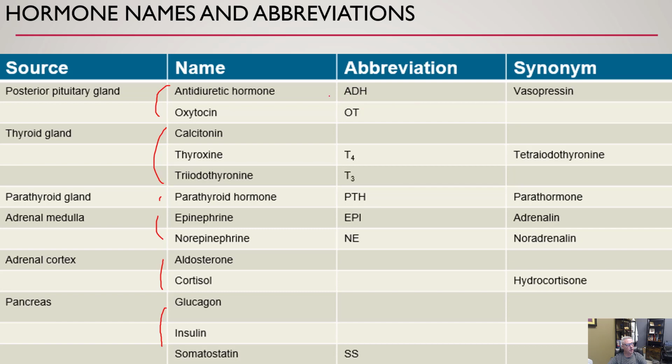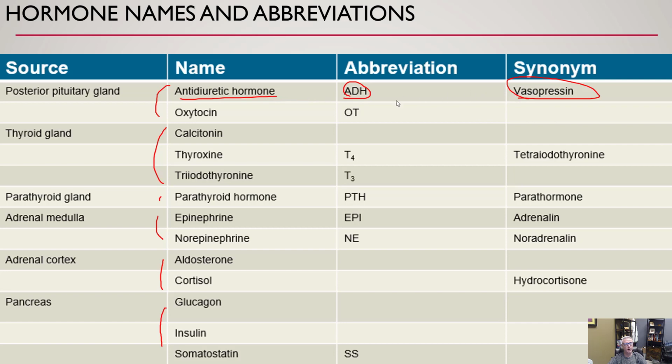So I will say, antidiuretic hormone, I call it antidiuretic hormone, I call it ADH, and I call it vasopressin. So for you future nurses, if you're working in a cardiac unit, you'll call it all three.